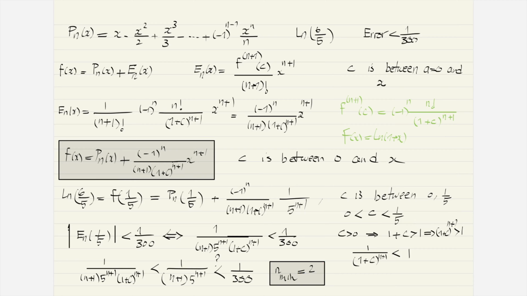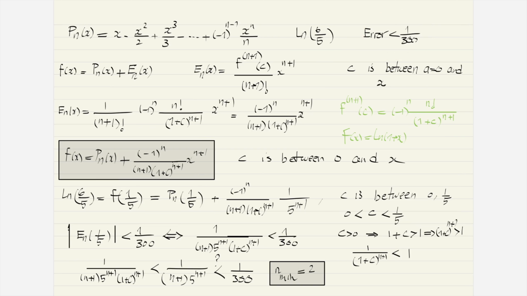It means that if I go to my Taylor polynomial here and choose 2 for n, then p sub 2 of 1 over 5 is an approximation for this number, which is guaranteed to have an error whose absolute value is less than 1 over 300.